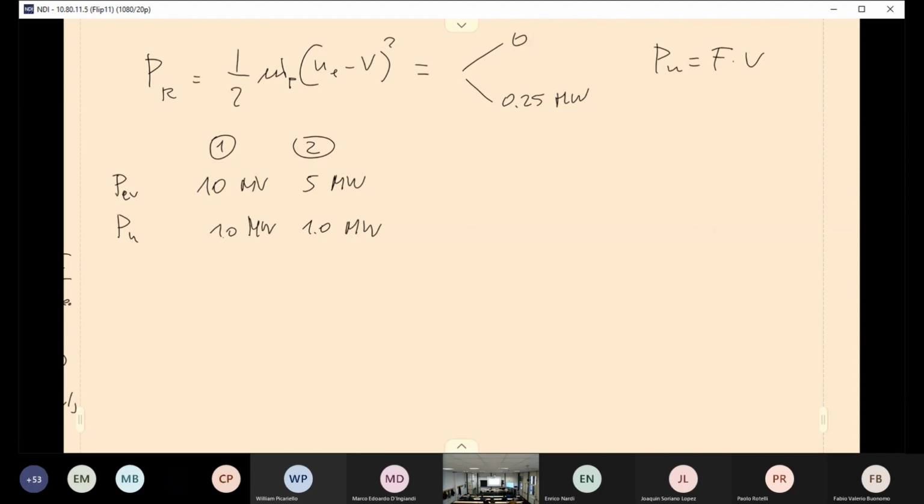The residual power of the jet, we say that this is 0 here and 0.5 here. And the sum of PU plus PR, which is the energy I provide to the jet, will be here 1 and here 1.25.